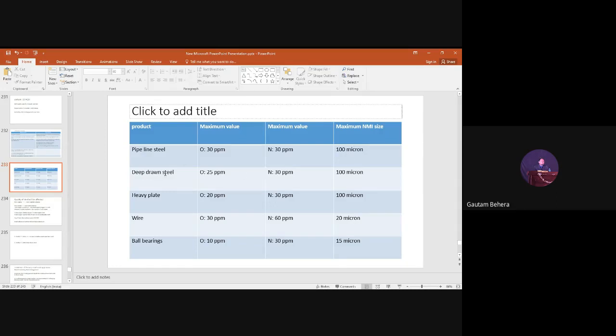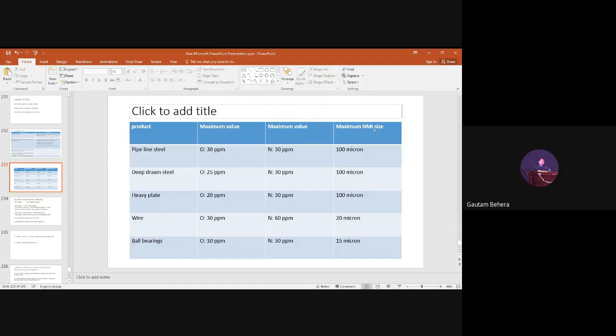Similarly, if we have deep drawn steels, then the maximum amount of oxygen should be 25 ppm, nitrogen will be 30 ppm, and the size of non-metallic inclusion is 100 microns. Similarly, heavy plate, this is the figure. And for steel wires, this is the figure. But you can see, when we are producing wires, we need very high ductility, obviously.